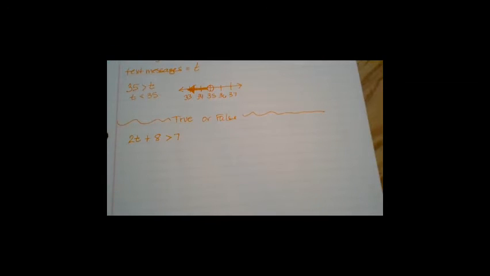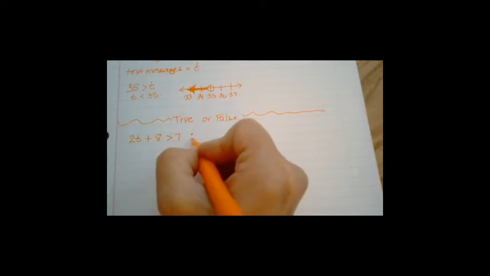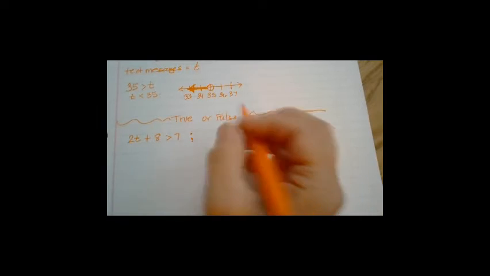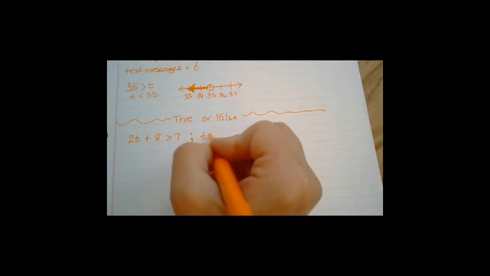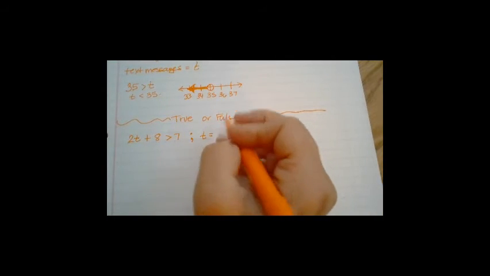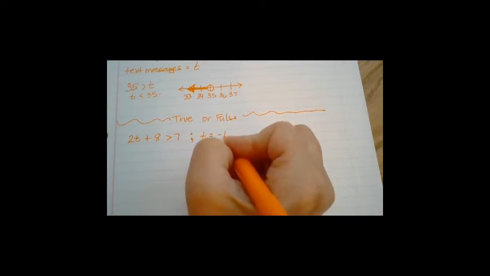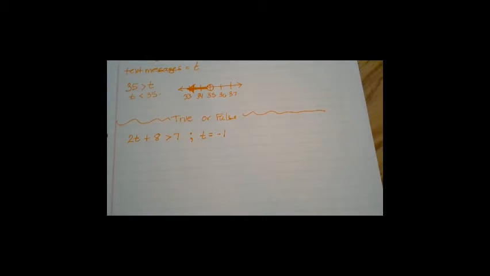So you're going to have an inequality where 2t plus 8, the sum of 2t and 8, is greater than 7, or a multitude of ways that can be said. Typically they're going to separate it with some kind of punctuation so that you know you are going to find out whether this is a true or false statement by using the substitution property, where the variable is given a value equivalent to 1.